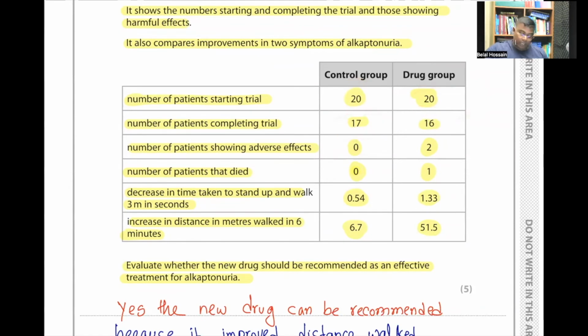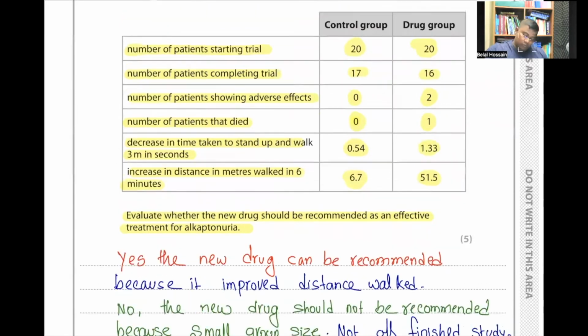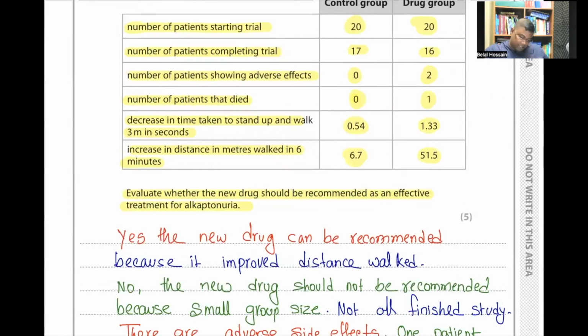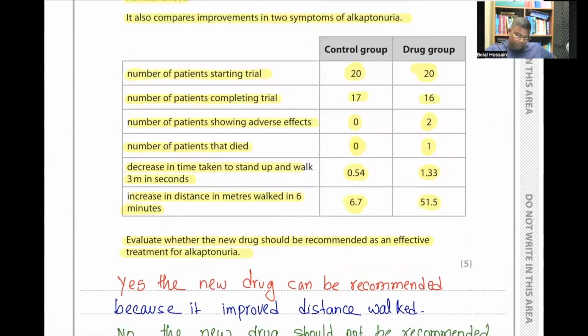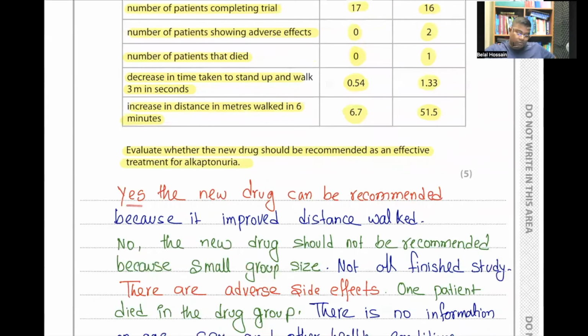However, there was a significant improvement in the distance in meters walked in 6 minutes. For the control group, it was only 6.7, whereas for the drug group, it was 51.5. So, yes, the new drug can be recommended because it improved the distance walked.